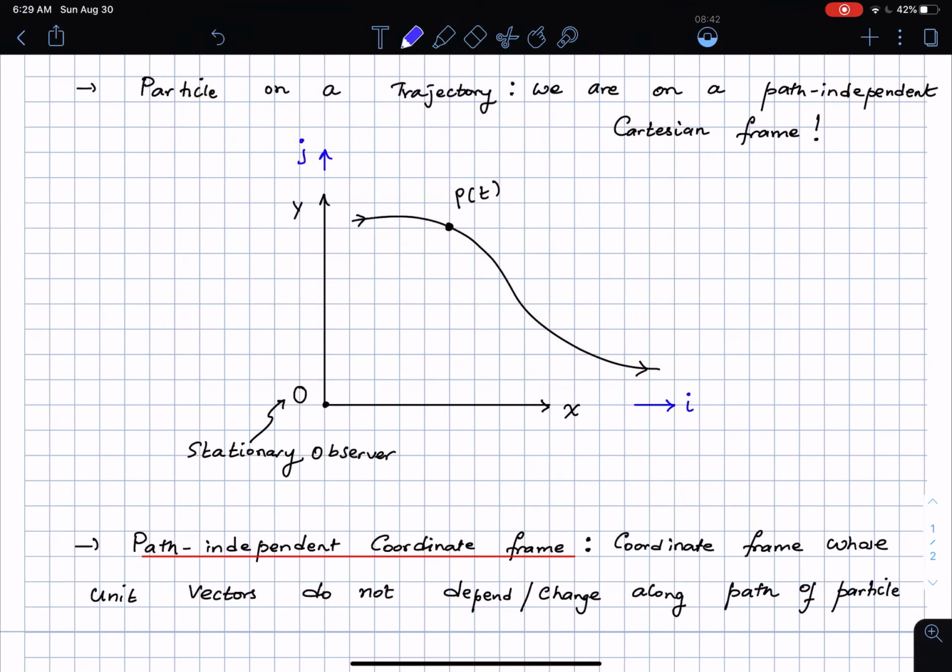Then I'm going to draw a position vector, which is fairly straightforward. Starting from the observer's position, this is the position vector r of t.